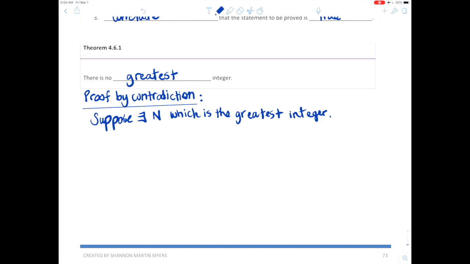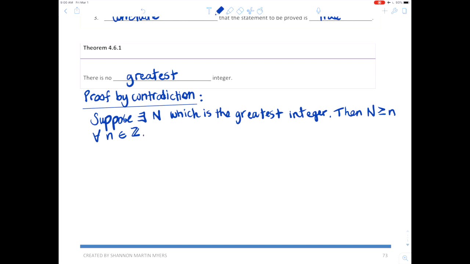Well, all the other lowercase integer n's would have to be what? Good. Then N would have to be greater than or equal to all of the other integers n. So for any n belonging to the set of integers, right?